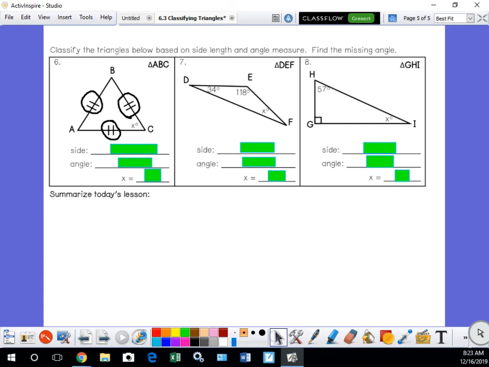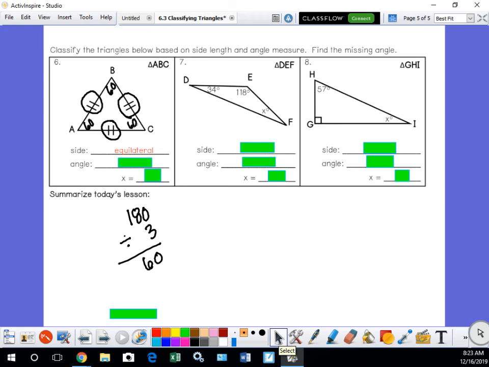So if we're just basing our classification off of side length, we can say that that's an equilateral triangle because all sides are equal. Now if we're going to use that to help us with our angle measurements here, if all side lengths are equal, then we're going to have 180 divided by 3 equal angles gives us 60 for each angle. So each one of these angles is going to be 60 degrees.